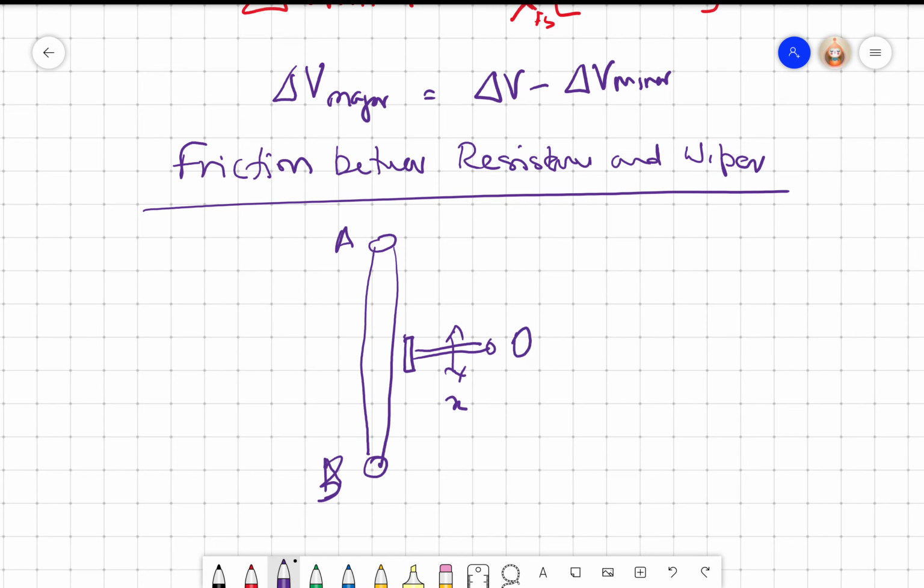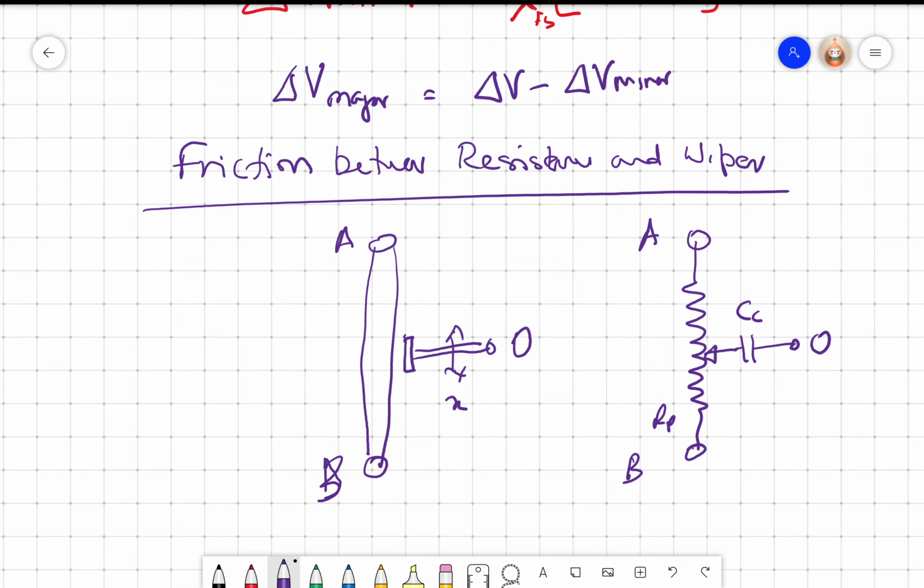So if I look at the equivalent circuit, between A and B I'll have the resistance of the potentiometer Rp, and I will have the variable point with the coupling capacitor Cc. Let me write it clearly. This is A, this is B, and this is O. Now, of course, I have a capacitance.